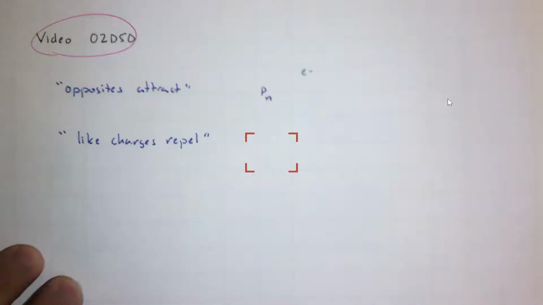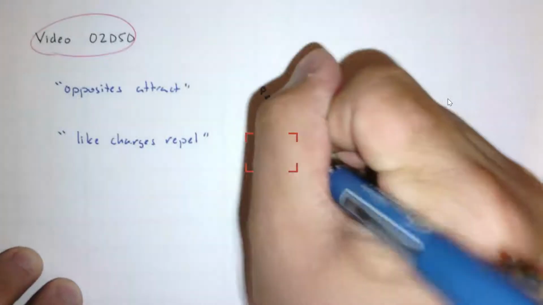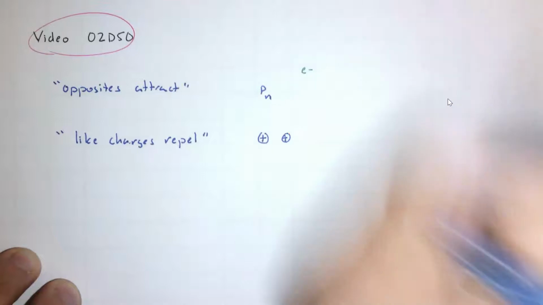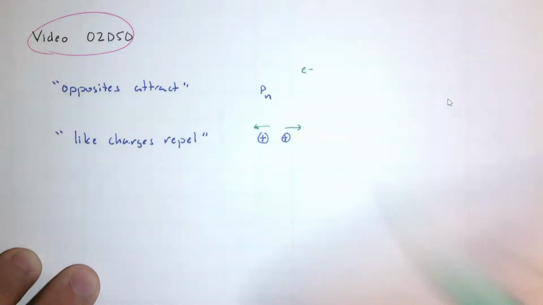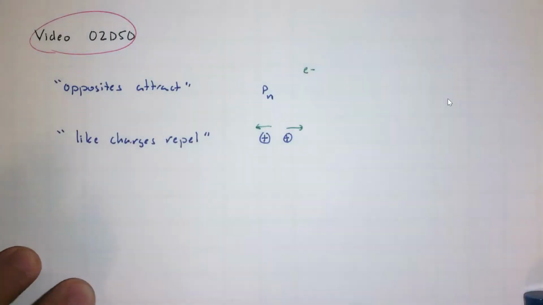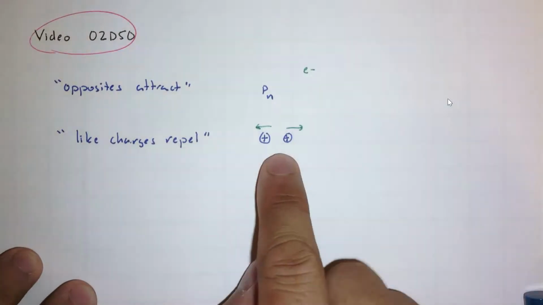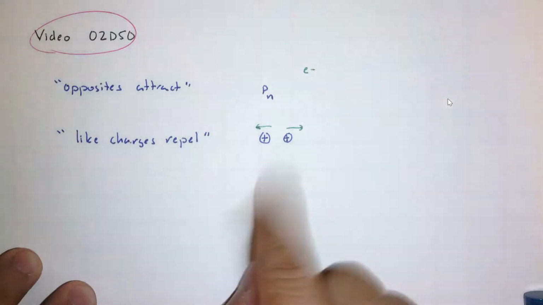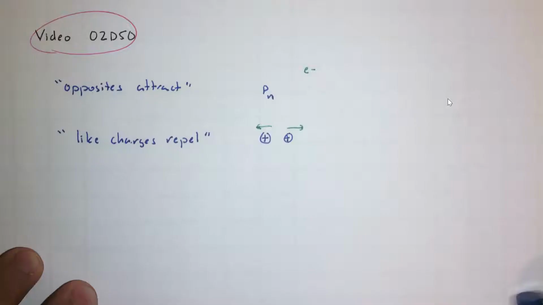So we do have plus repulsion. So how does the nucleus stay together when you have this positive charge repulsion? Well, you have neutrons, and the neutrons help hold the nucleus together.